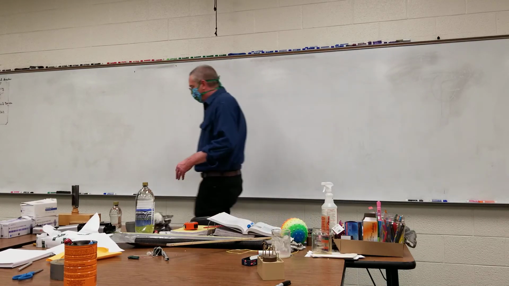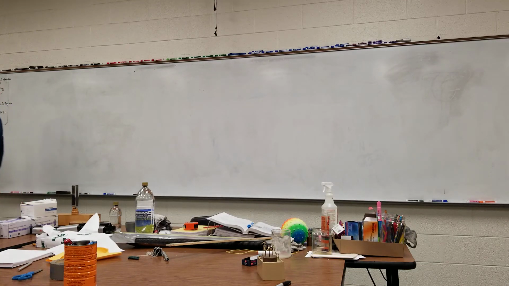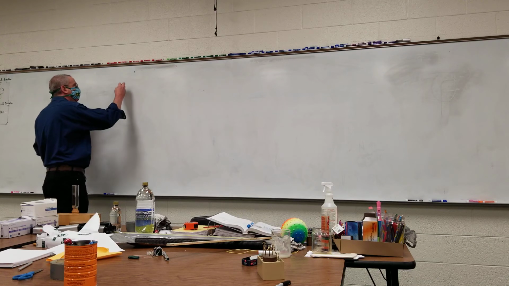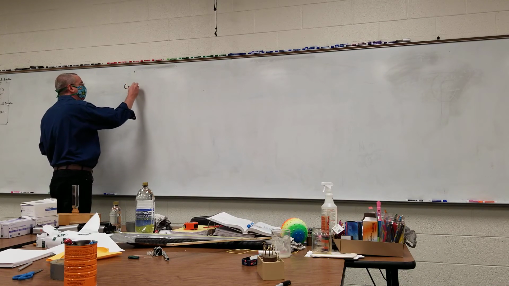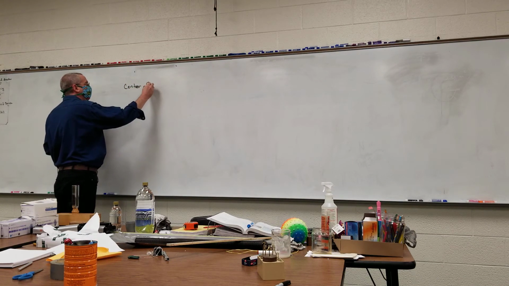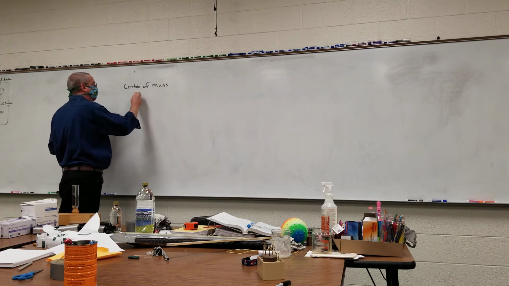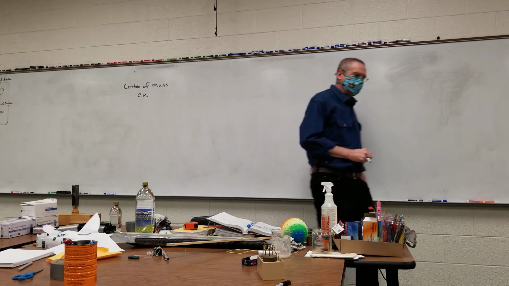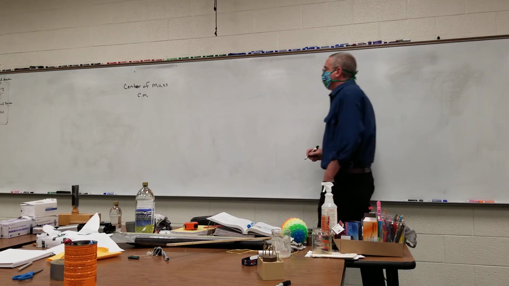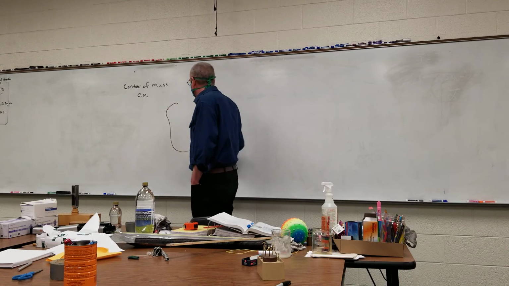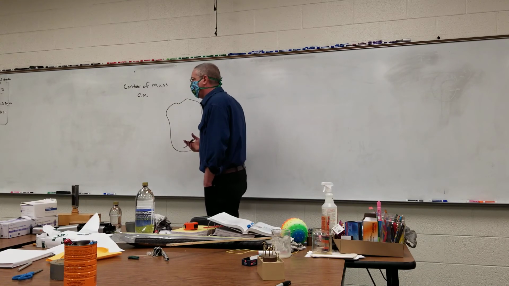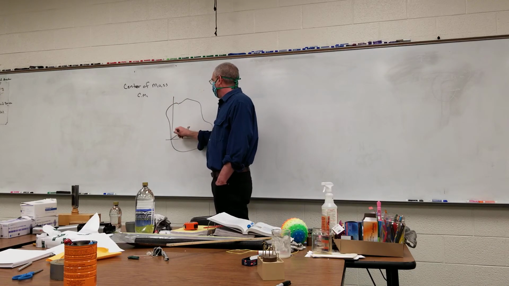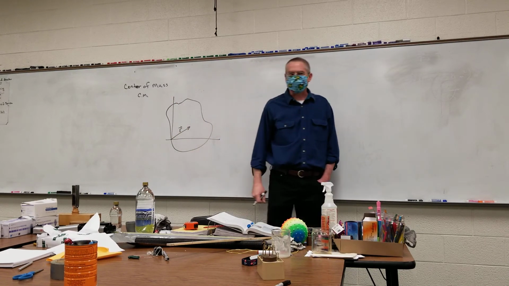All right, let's talk about center of mass, sort of new topic-ish. Which I'll sometimes abbreviate as CM, please don't confuse it with centimeters. In other words, if I have some shape right here, and in order to figure out where the center of mass is, I've got some sort of coordinate system, and there's some vector to the center of mass.